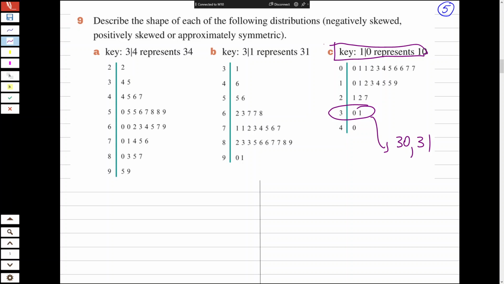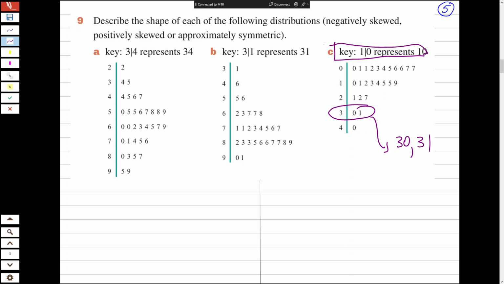Jai, let's go with you. We've got three options: symmetric, positively skewed, and negatively skewed. We're looking at this one here, and we don't have a histogram here. It would be positive. Okay, explain why. Why do you think it's positively skewed?